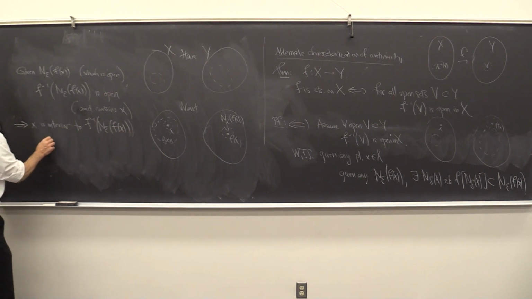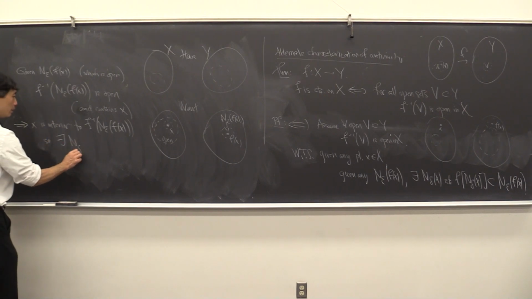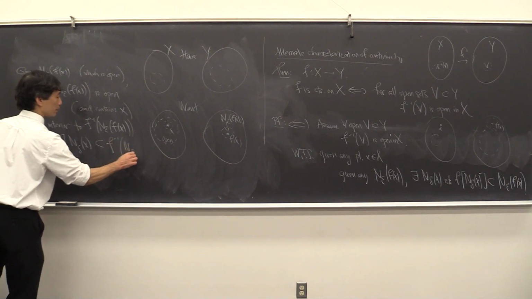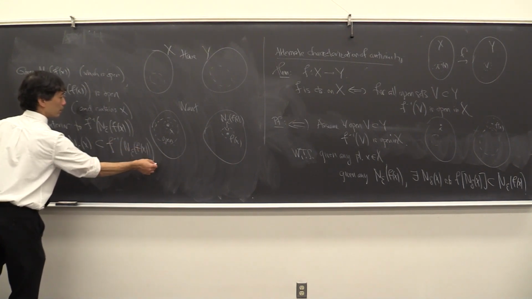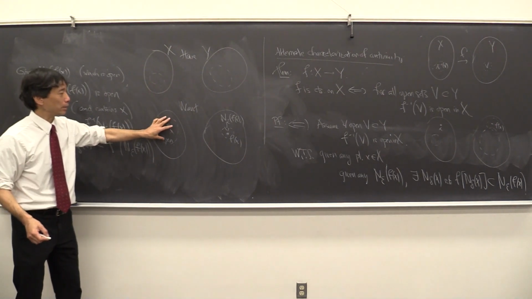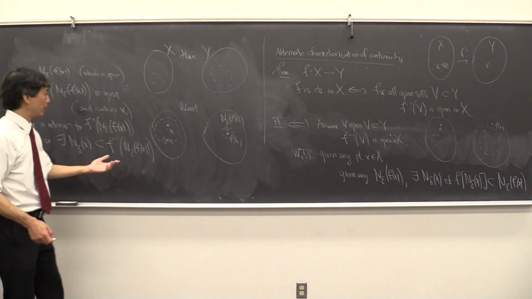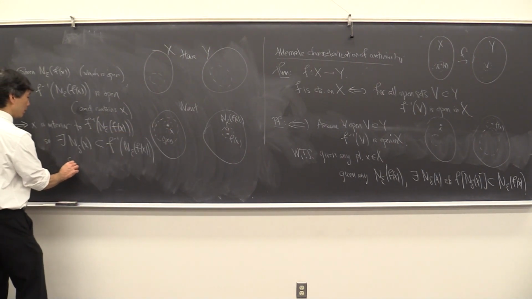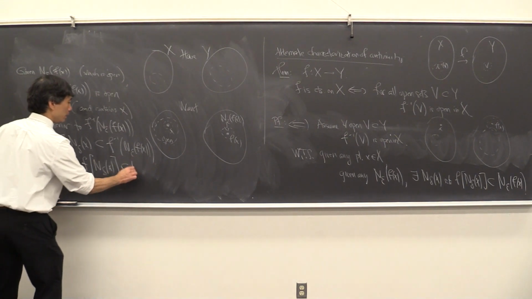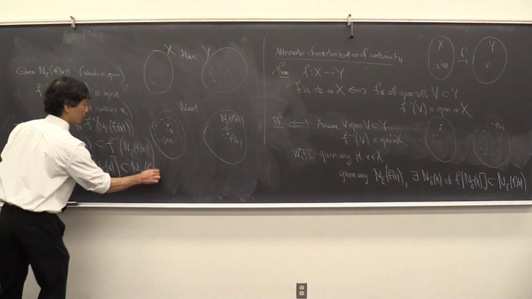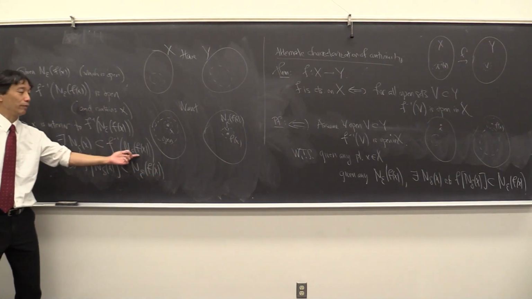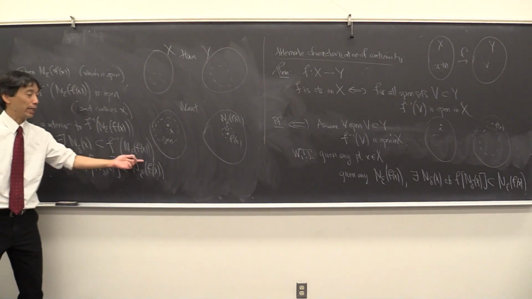So there exists a neighborhood around X that's contained in this open set. But then F of that neighborhood lies inside the epsilon neighborhood, because this neighborhood lies in the pre-image of that.